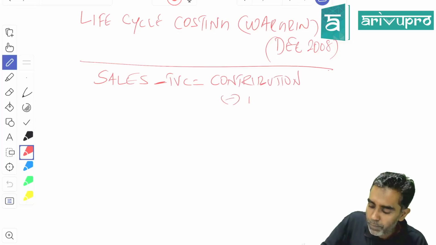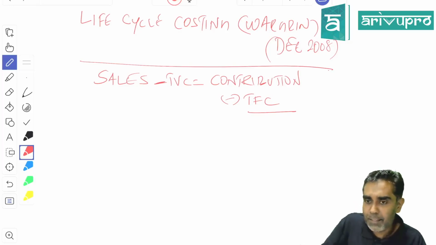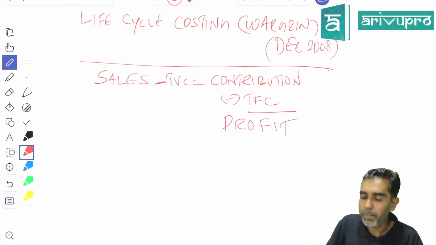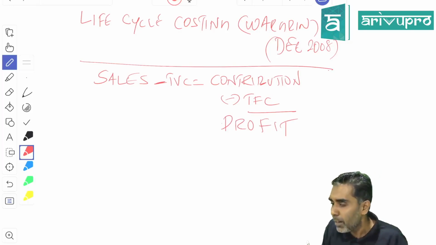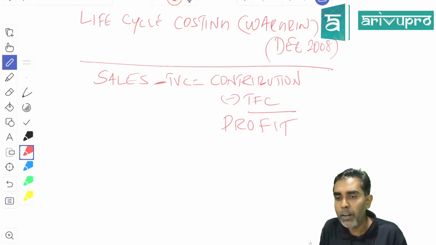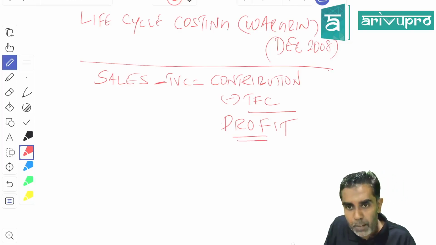Contribution minus total fixed cost is profit. Sales minus total variable cost equals contribution. Contribution minus fixed cost equals profit. Now this profit is checked by using what?